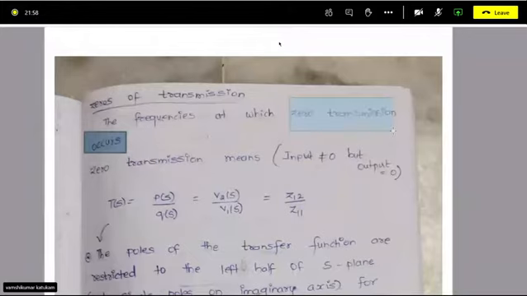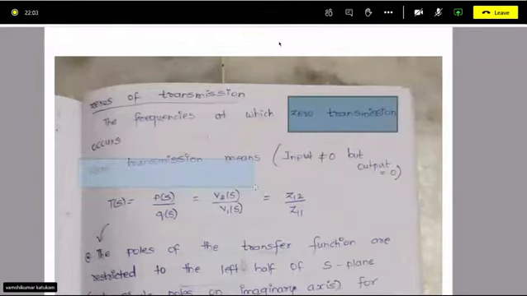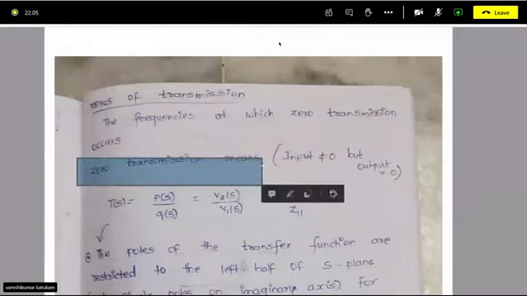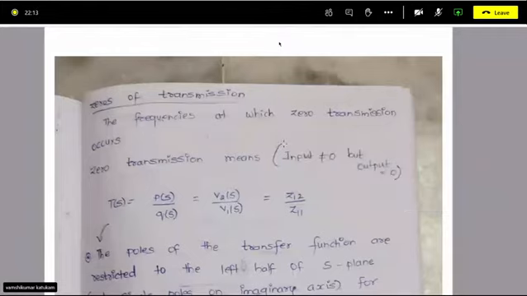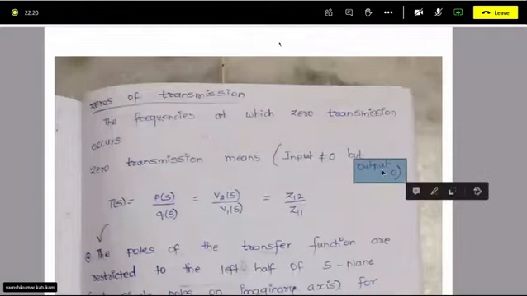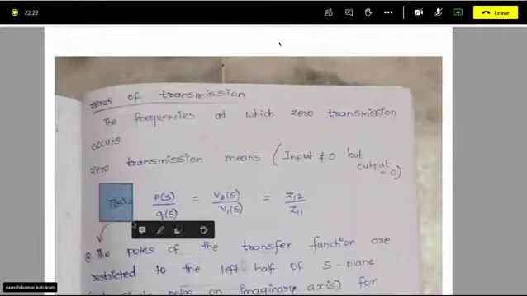Zero transmission means you have input but no output. That is, input is not equal to zero, but output is equal to zero. So zeros of transmission are nothing but T of S equal to zero, or P of S equal to zero.